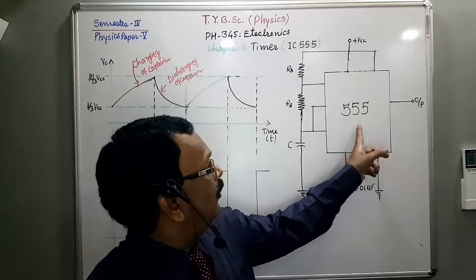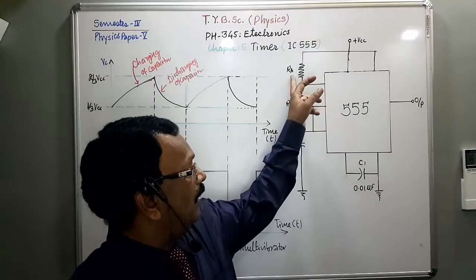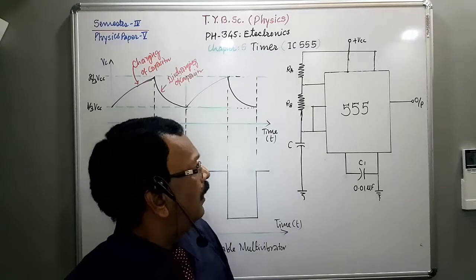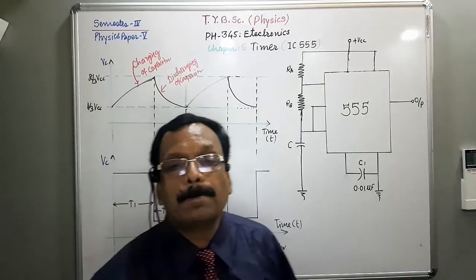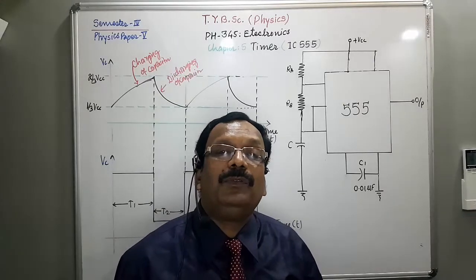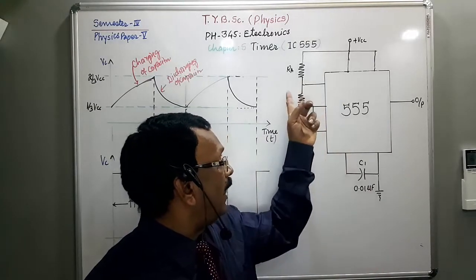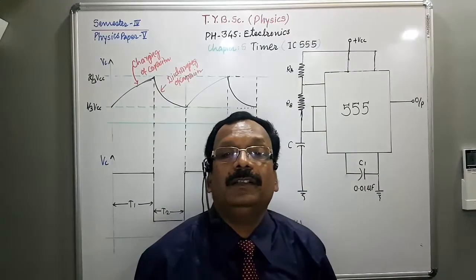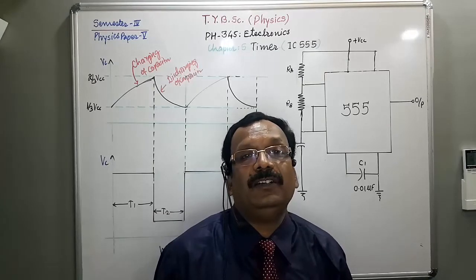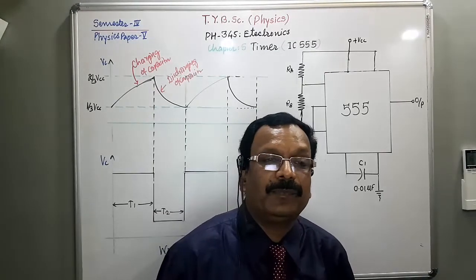This figure illustrates the astable multivibrator. In this figure there are two resistors, RA and RB, and a capacitor C. We have to choose the proper values of RA and RB. For that purpose we have to prepare the design of the circuit, and that will be studied later on.